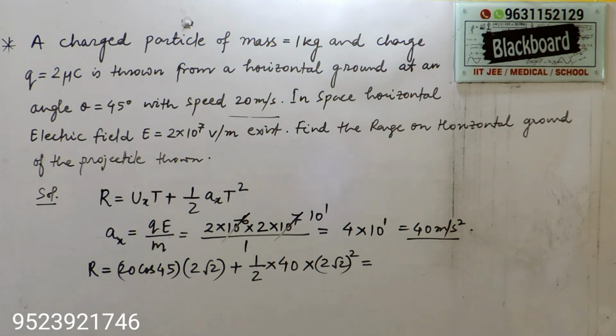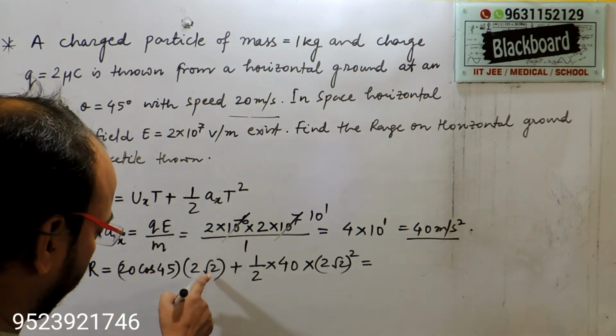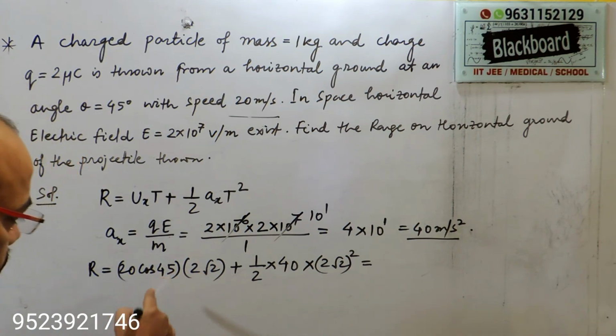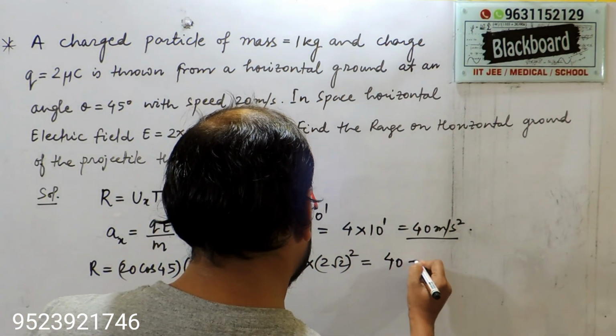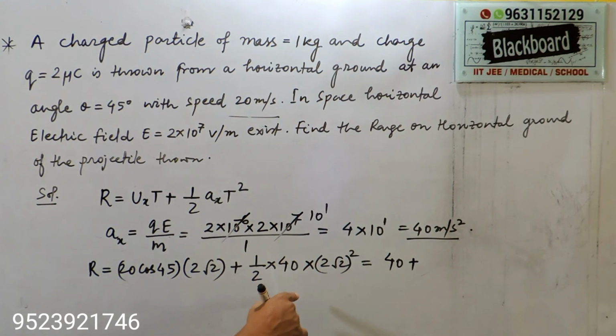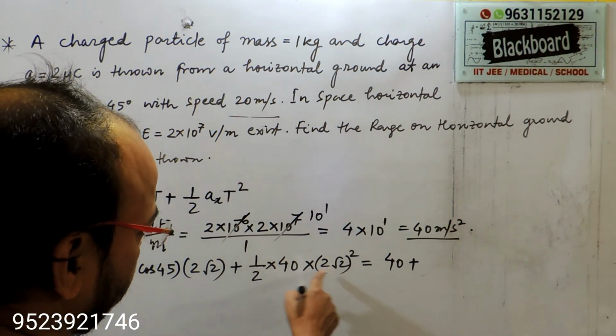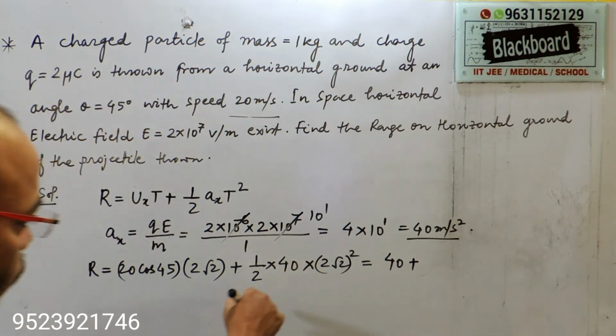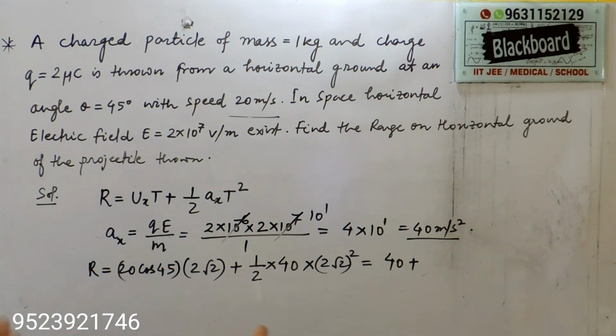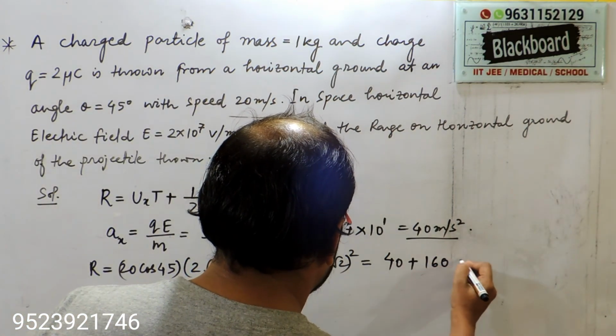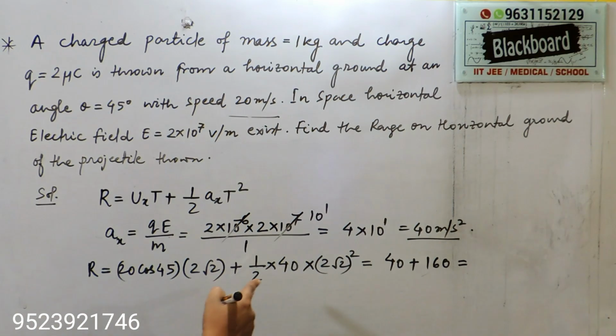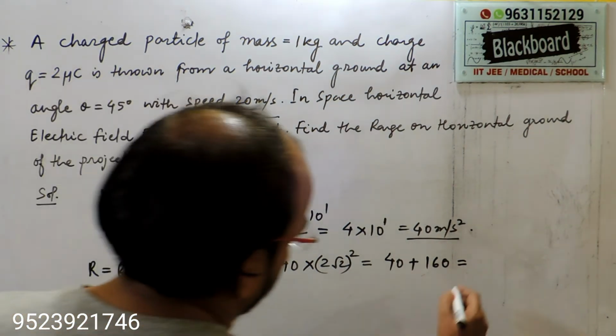After solving this, cos 45 is 1 by root 2, root 2 and root 2 cancel, that gives 40, and the other term gives 160, so the total range will be 200 meter.